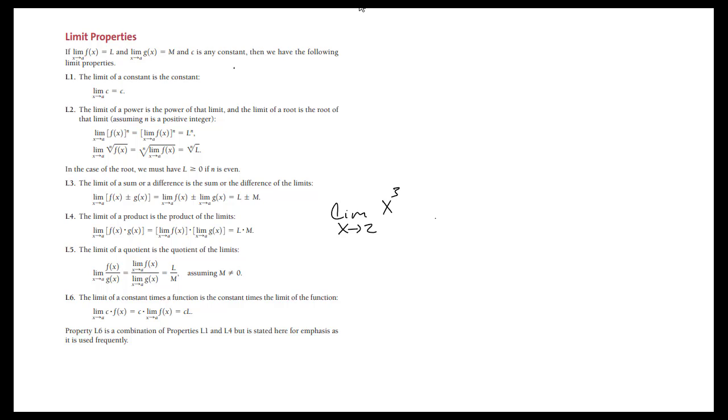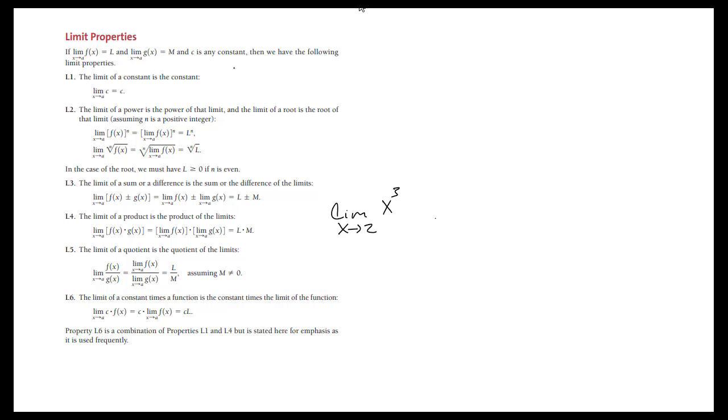The next property is about products. The limit when x approaches a of f of x times g of x is equal to the limit of f of x when x approaches a times the limit when x approaches a of g of x, which is equal to L times m.